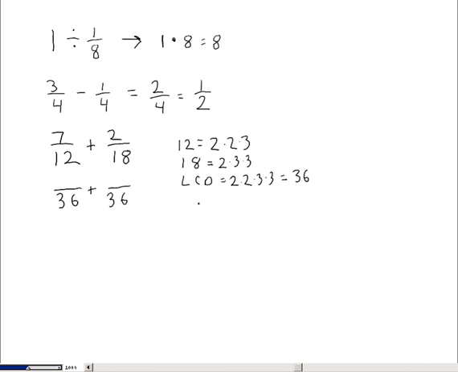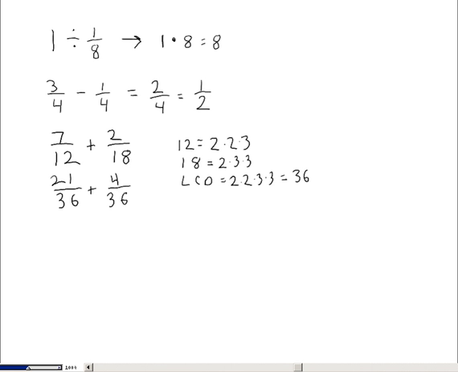Now at this point, what you need to do is say how many times does 12 go into 36? Well, 12 goes into 36 3 times, and 3 times 7 is 21. And 18 goes into 36 2 times, and 2 times 2 is 4.